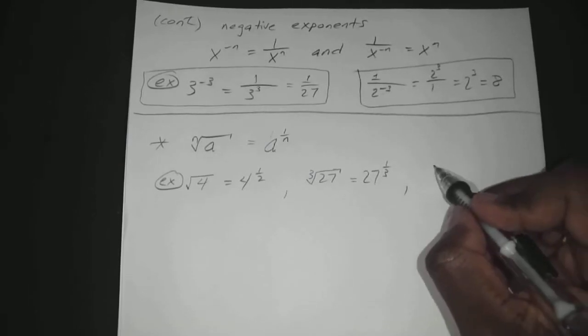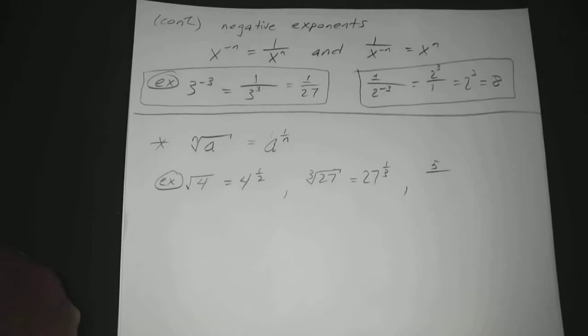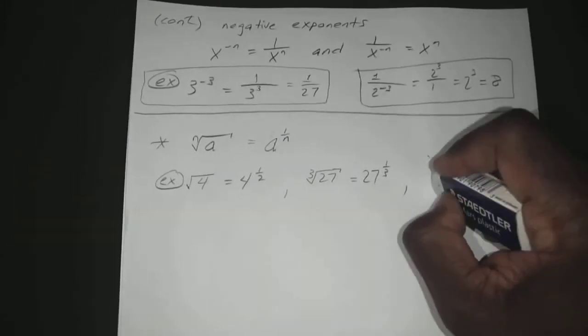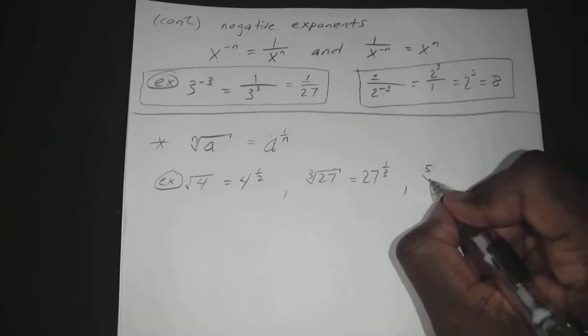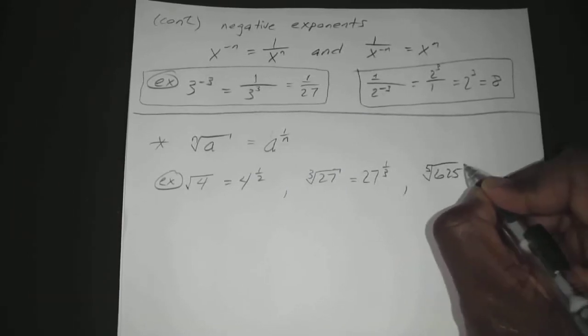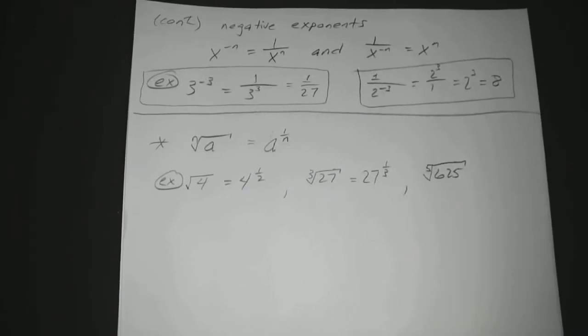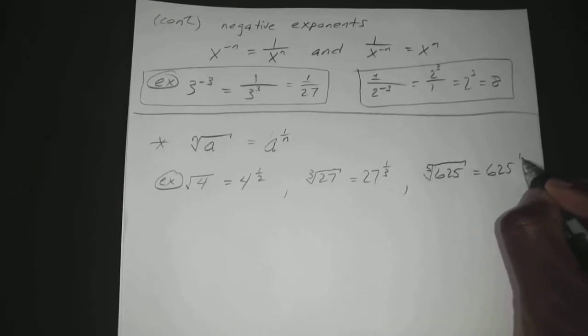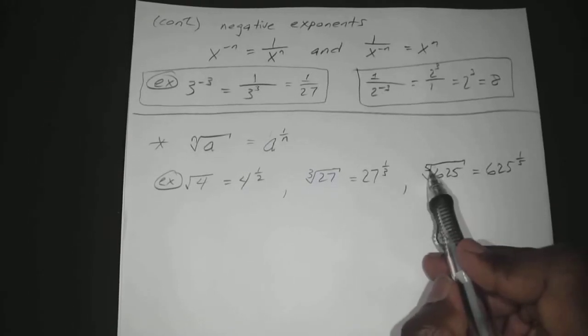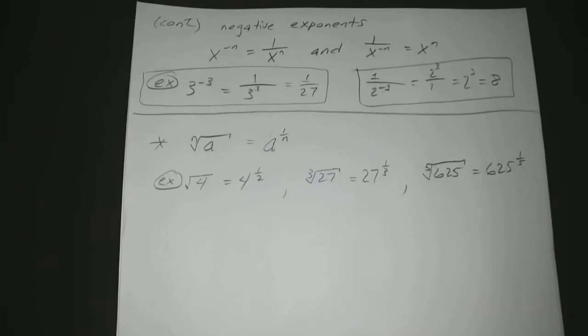Or if you have the fifth root, say the fifth root of 625, that would just be 625 to the 1/5 power. So whatever your index is, it just goes in the denominator.